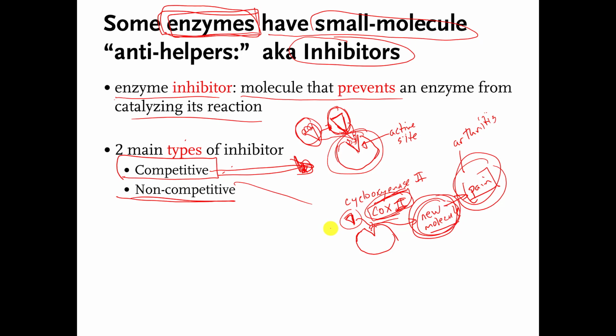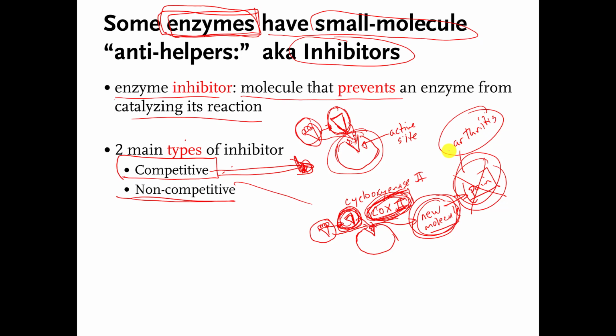What people have done is they have designed molecules that look a little bit like this molecule. Let's pretend that it's a snow cone or an ice cream cone. And you can eat this molecule. If you eat enough of it, it will go to the COX-2 enzyme and basically sit in the same spot and compete with the other molecule for who can sit there. And it will make the COX-2 enzyme less effective, which means we will feel less pain and the arthritis pain goes away.